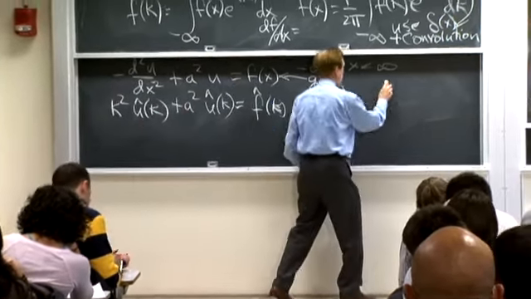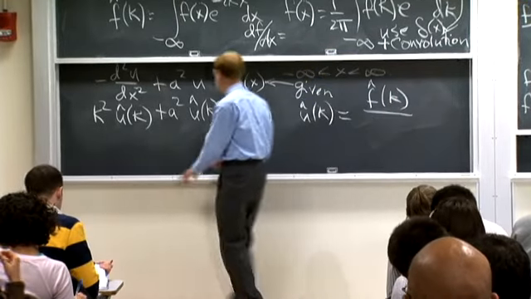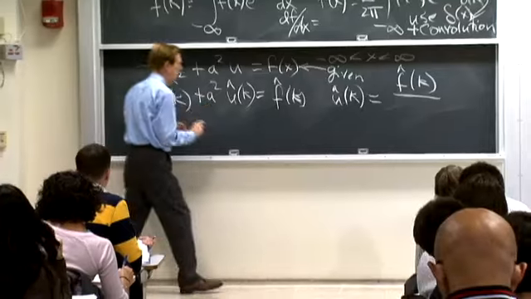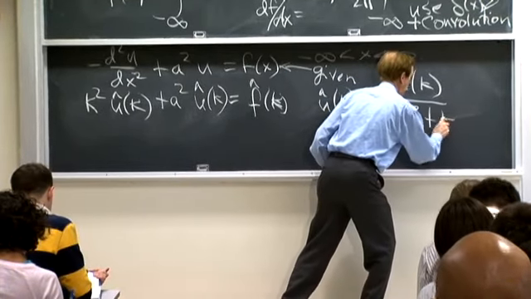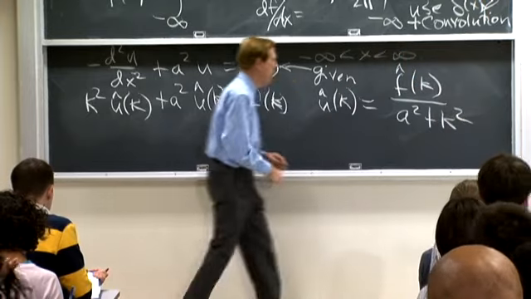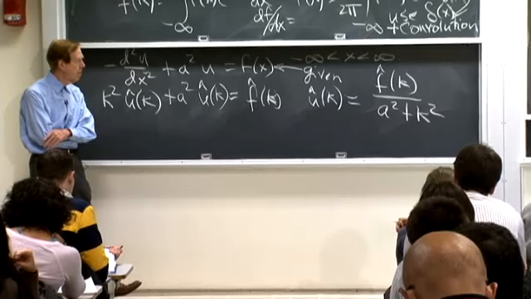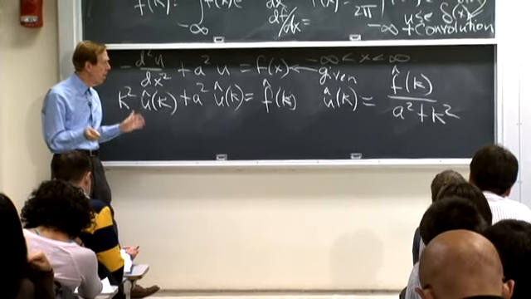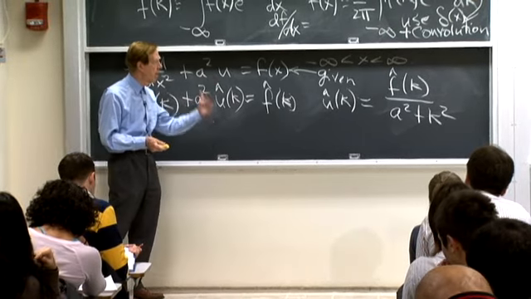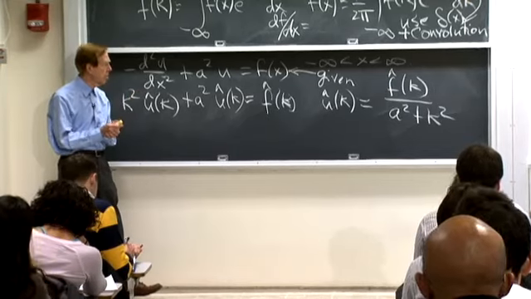It's just f hat of k divided by, this is just multiplied by a squared plus k squared. Okay. So that's the answer in frequency space. That was simple. And then if I wanted it in x space, I take the reverse transform.